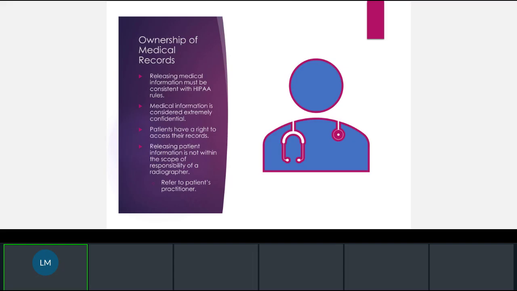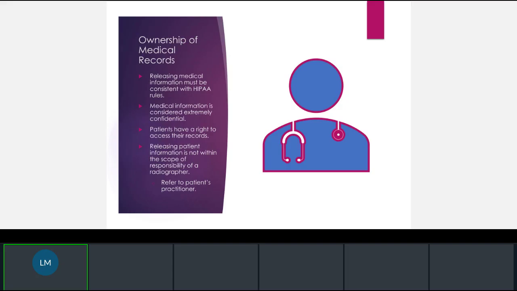But the problem becomes that the equipment that took the image, the technologist that took the image, the electricity that was used, all of that was provided and paid for by someone other than the patient. So the patient does own the information that's on there, but they don't own the X-ray.